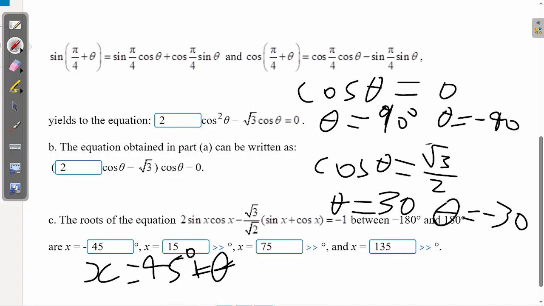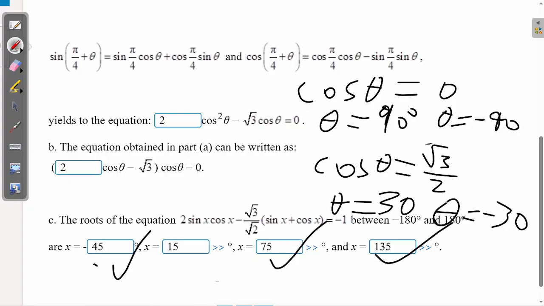So we add 45 to each angle. Negative 90 plus 45 is negative 45, which is the first one here. Then 90 plus 45 is 135. 30 plus 45 is 75. Negative 30 plus 45, 15. So you got all the answers.